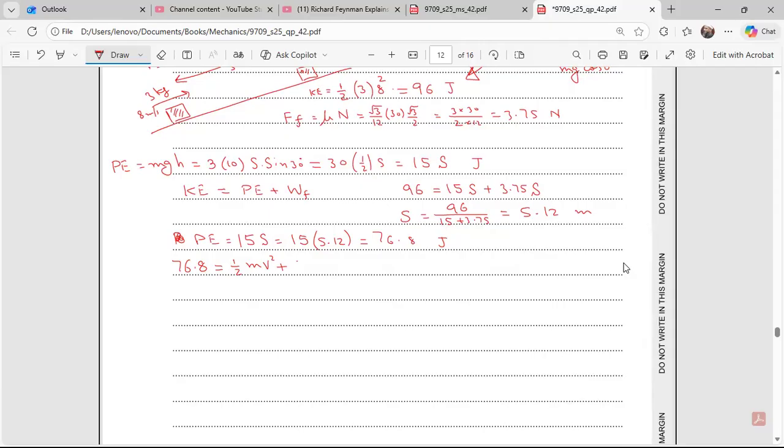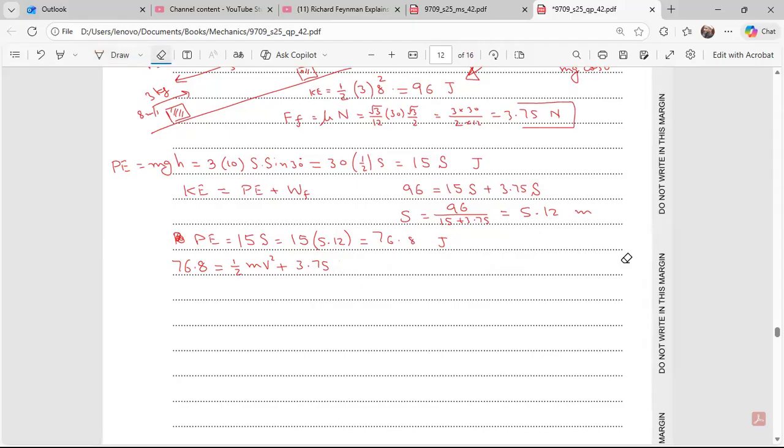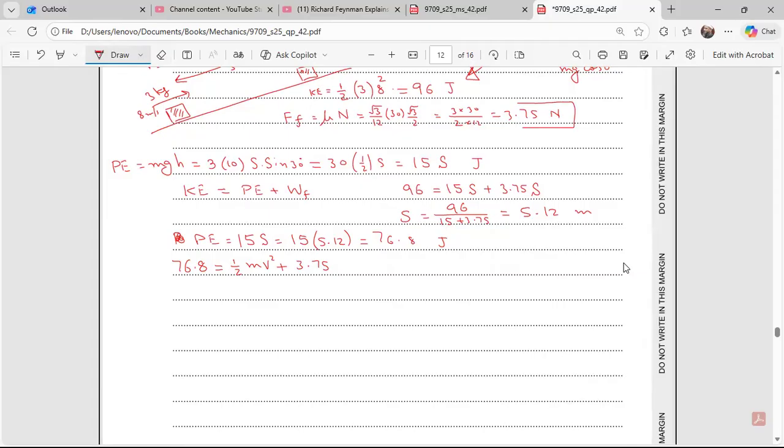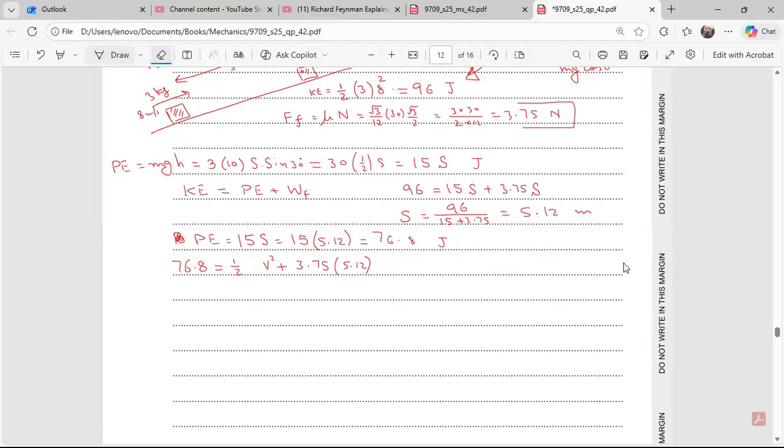We know the frictional force is 3.75 into the distance it has traveled, and this distance is 5.12. Now, in this equation, there's only one unknown, V. Of course, m is 3 kilogram, so I can substitute 3 for this.